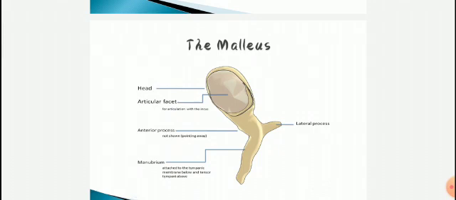Superiorly there is the head and the articular facet, which articulates with the incus. The manubrium attaches to the tympanic membrane, and there is one more small lateral process known as the short process.